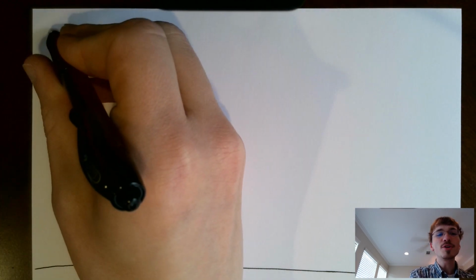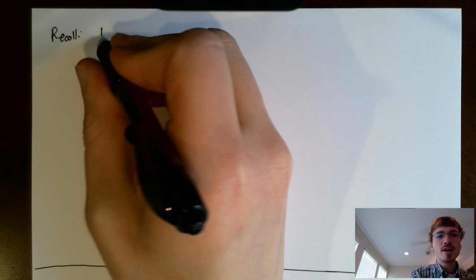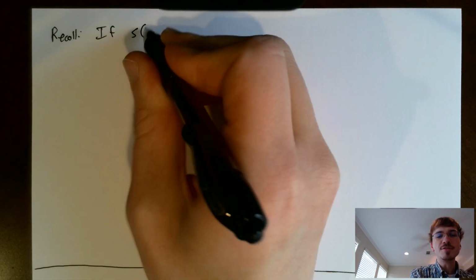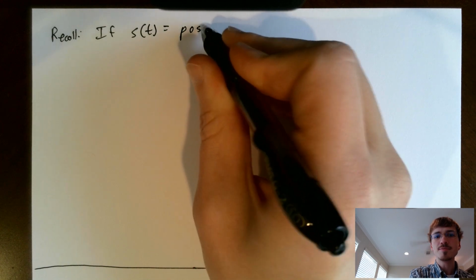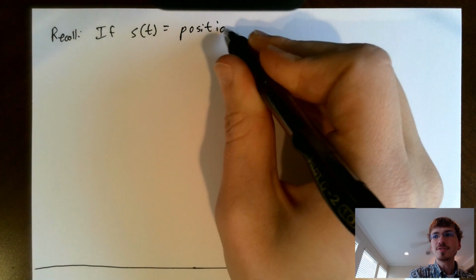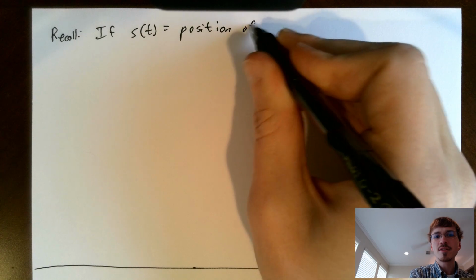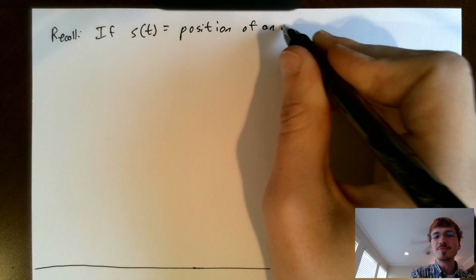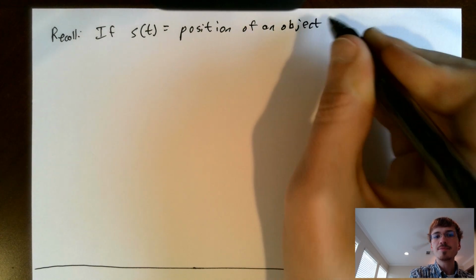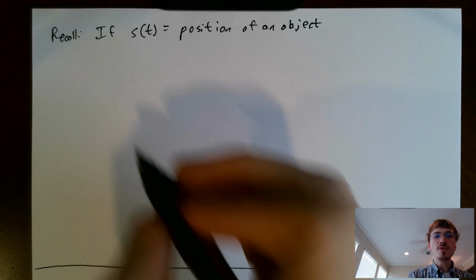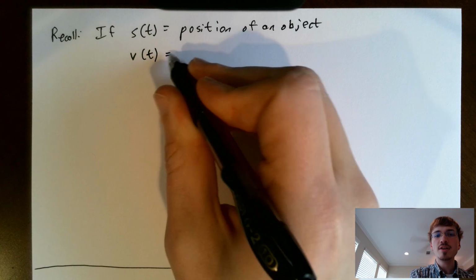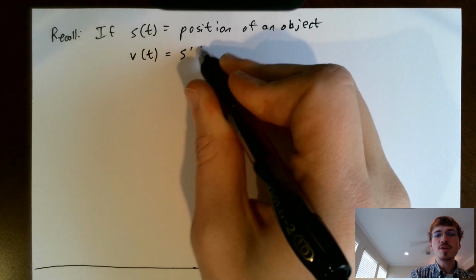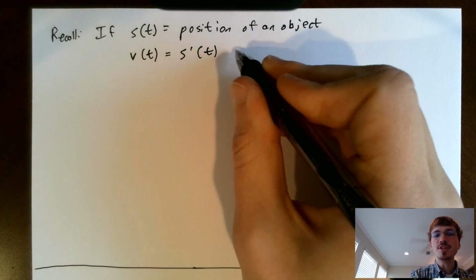So first we're going to recall, if the position of some object is given by some function s of t, remember that the velocity we usually say is v of t, and we can compute v of t by computing s prime of t.